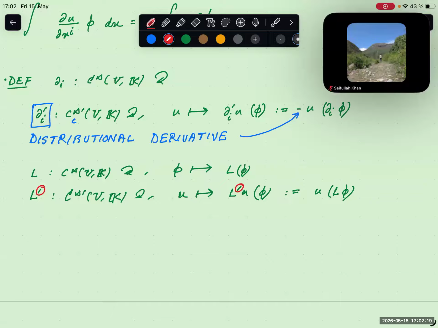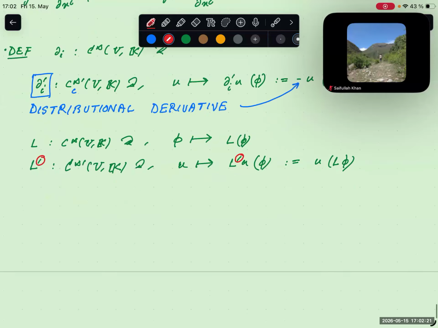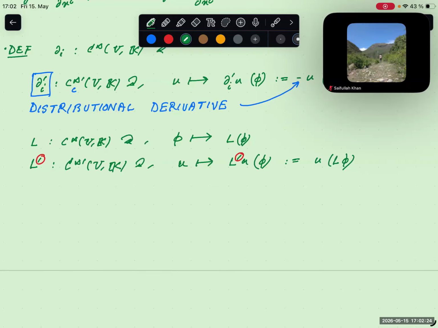So that's called a differential operator in the distributional sense.